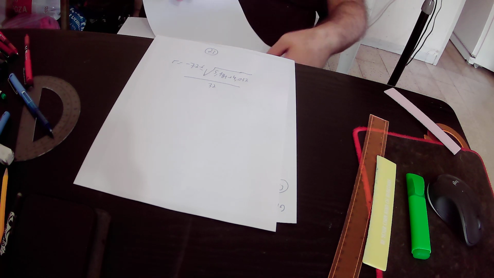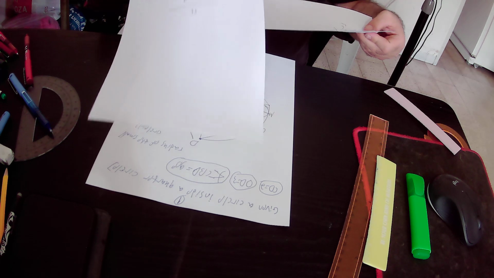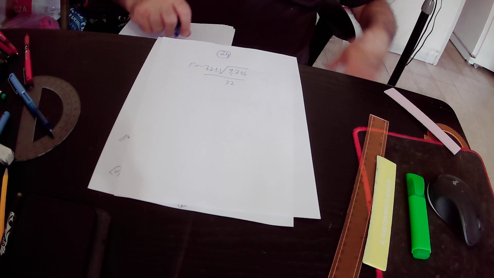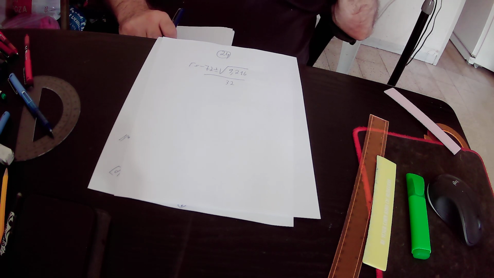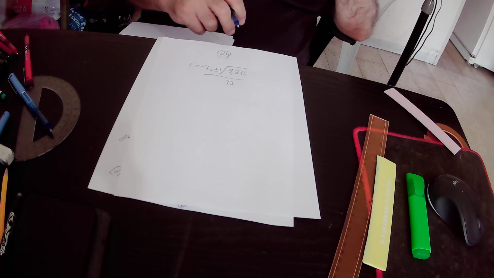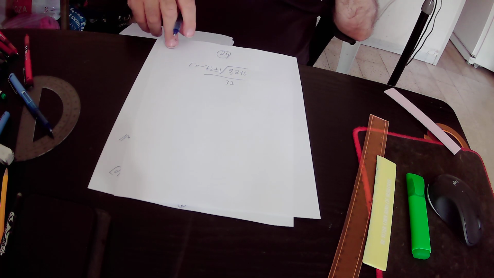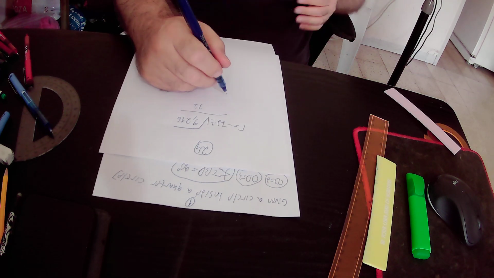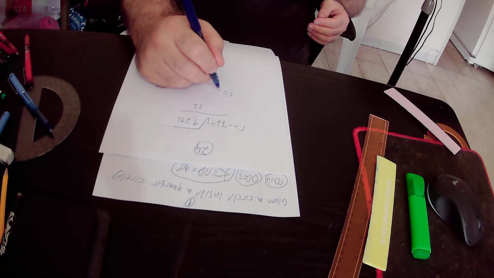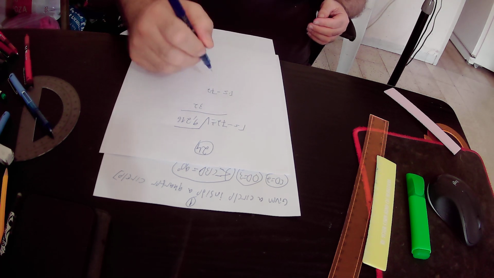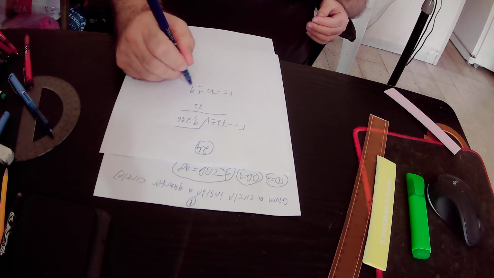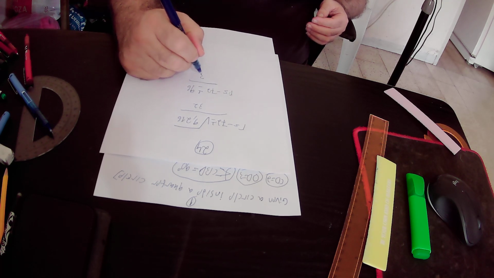Okay, so actually the radius of the small circle equals minus 72 plus minus the root of 9,216. The root of 9,216 is 96, so I will write it down: the radius of the small circle equals minus 72 plus minus 96 over 32.